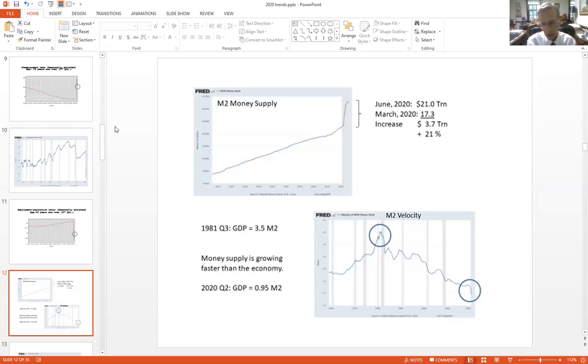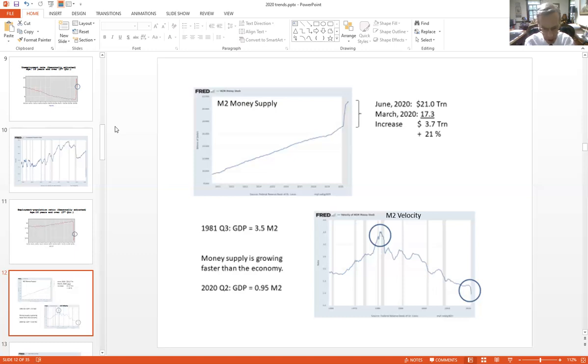In any event, one way that we can look at the impact of money supply is to see how fast that money is being turned over in the economy. And we can see that in 1981, M2 was being turned over 3.5 times a year.